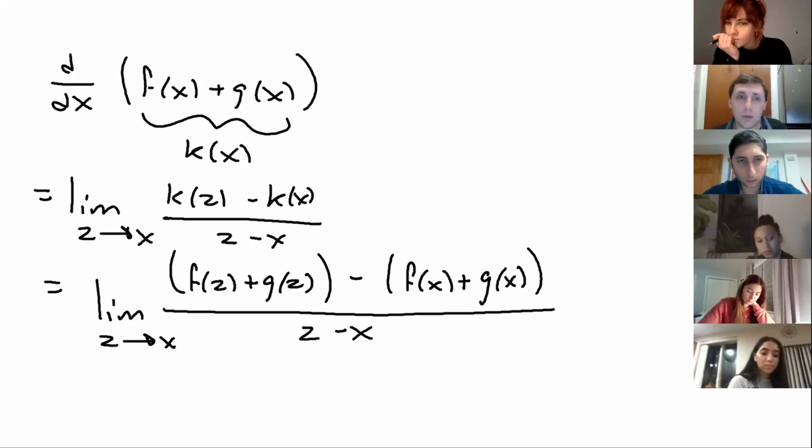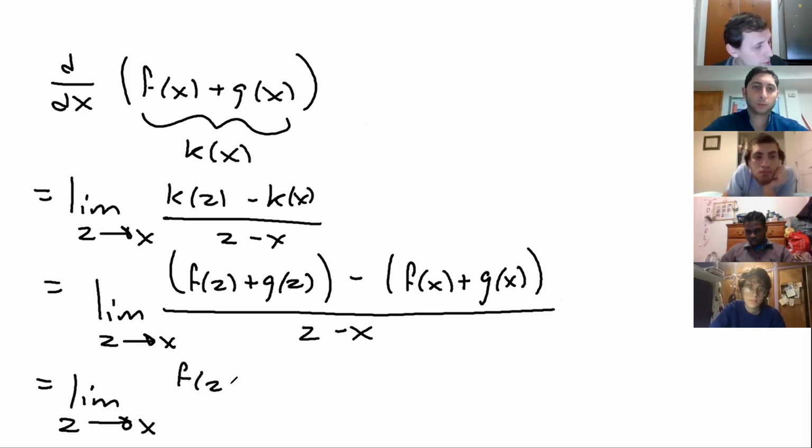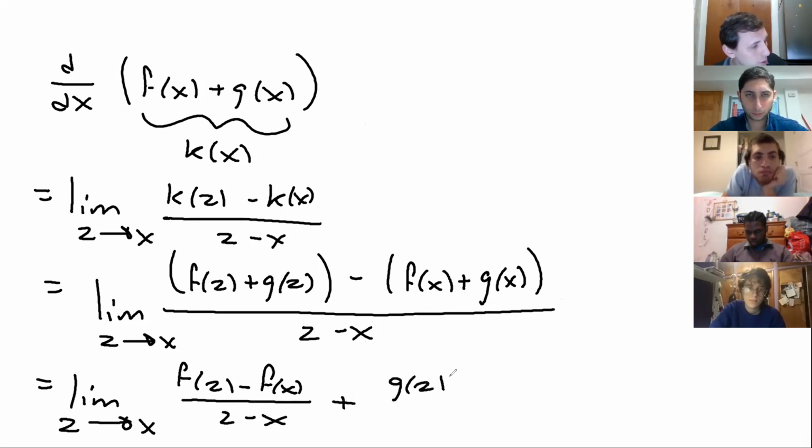And look what happens, guys, when I regroup terms. I can group f together and g together, because why? I presume I know those derivatives. So that's f(z) minus f(x) over z minus x, plus g(z) minus g(x) over z minus x.